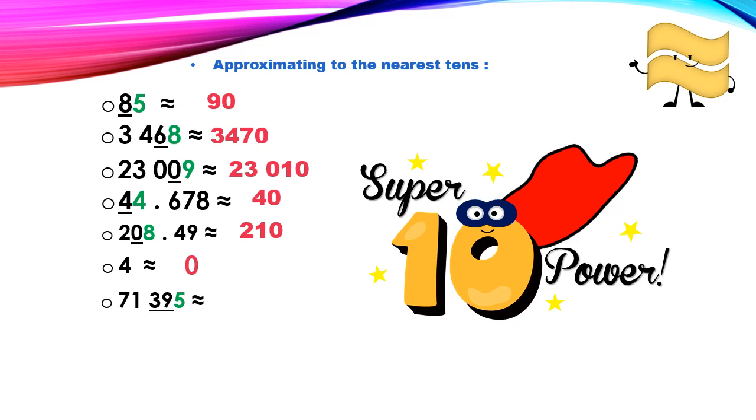Here, instead of taking the 9 alone, I will take the 39 together. I will take 39, not only 9. If I add 1 to 39 it will be 40. So I will replace 5 with 0 and write 40. Okay? So it's 71,400.